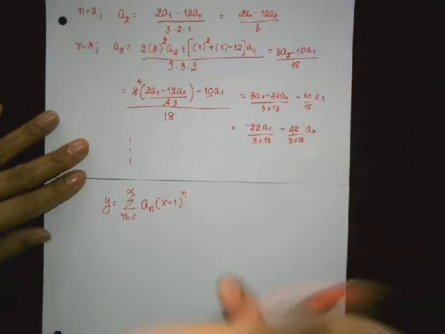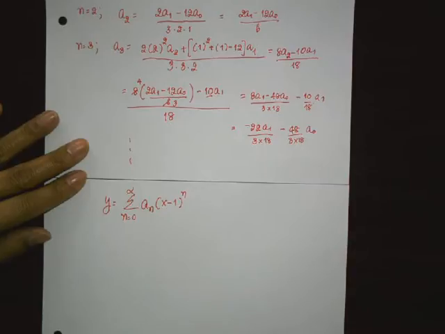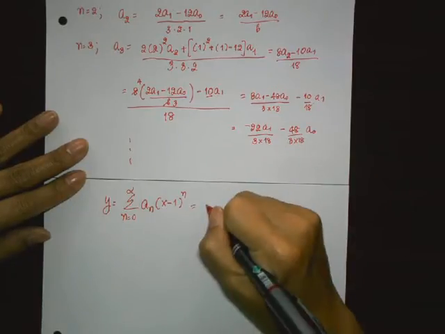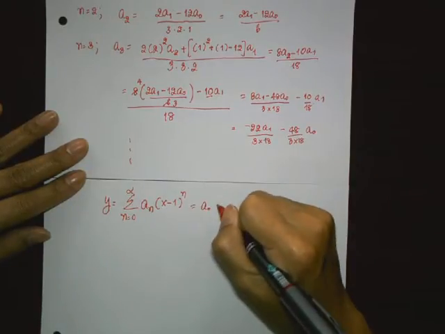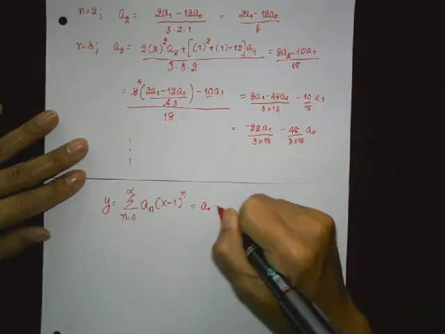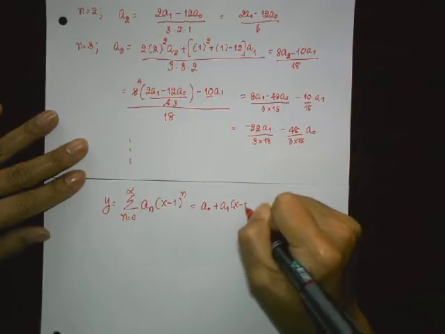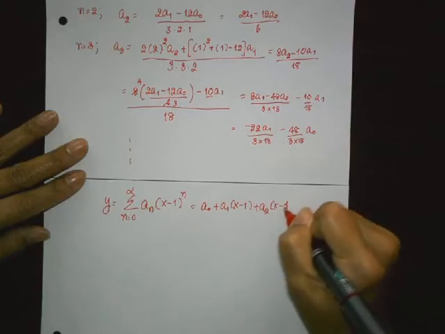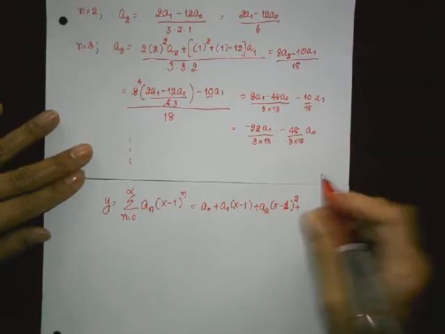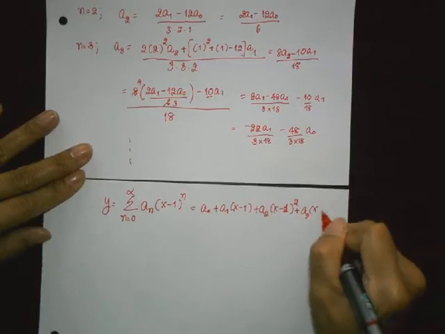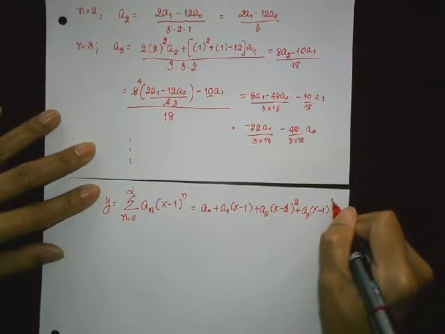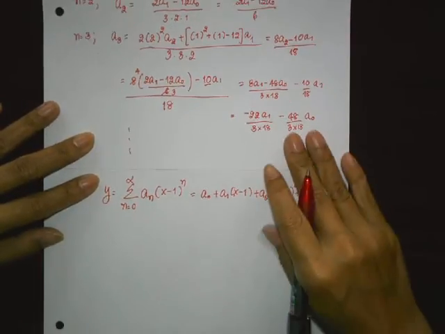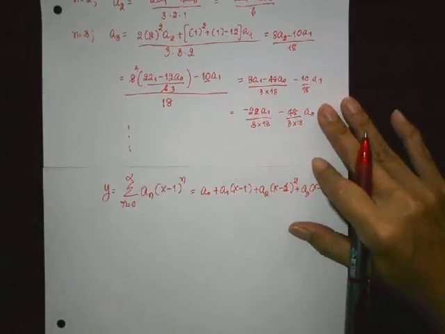So we know that our a's are related to each other in this form, okay? Like that. What is the equation of this?